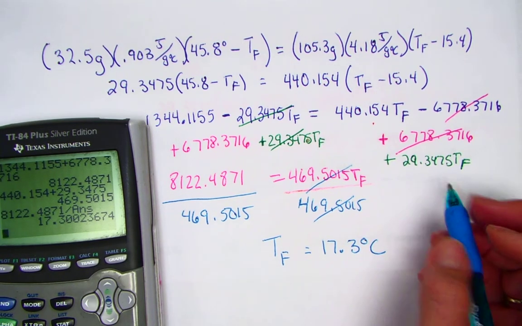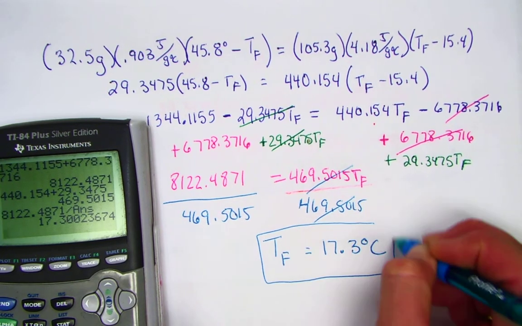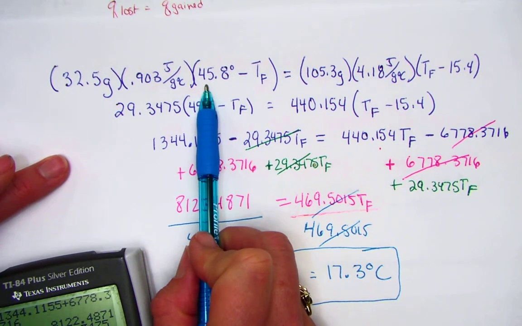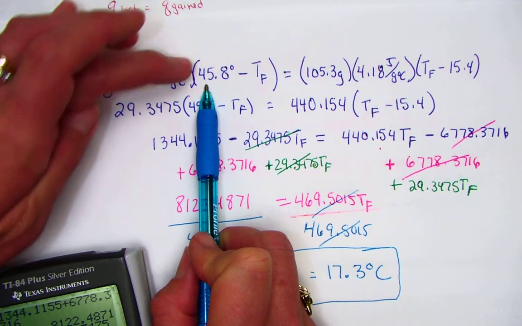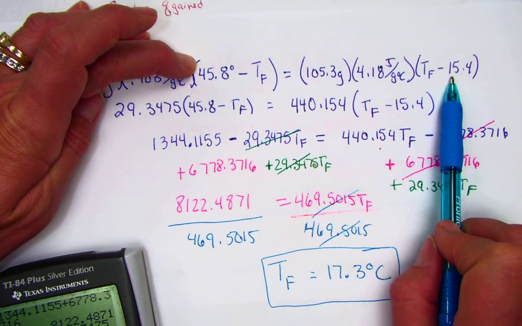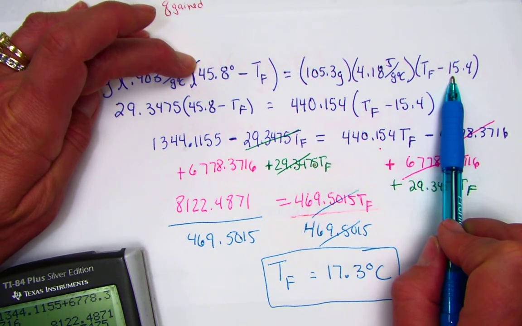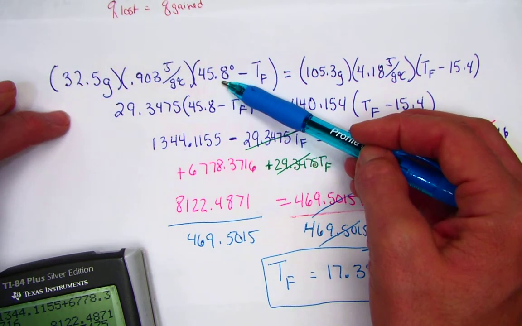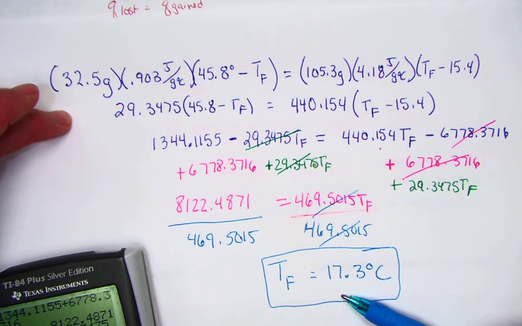Let's see if this number makes sense. The hot piece of aluminum started at 45.8 degrees Celsius. The cold water started at 15.4 degrees Celsius. The water warmed up a little bit. The aluminum cooled down tremendously.